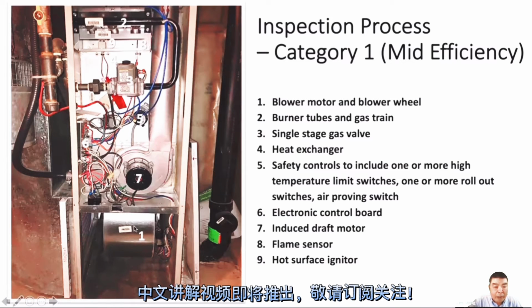Sometimes on the blower motor housing, outside the housing or on the side, there will be a temperature sensor too. So there are more safety switches than the category 1. The air pressure switch detects the air.